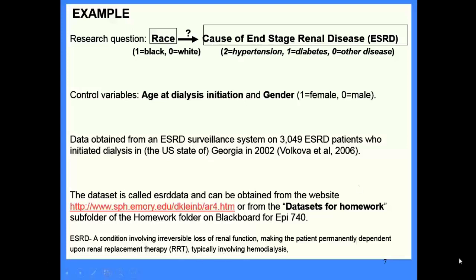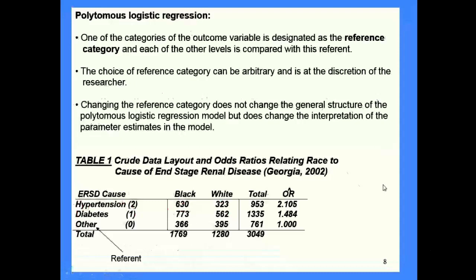Okay. So anyhow, one of the categories is usually designated a referent category. The choice of the referent category is arbitrary. And if you change it, you might change what the interpretation is because you're comparing different things to each other, but you're essentially going to get the same results, though you might change how you interpret them.